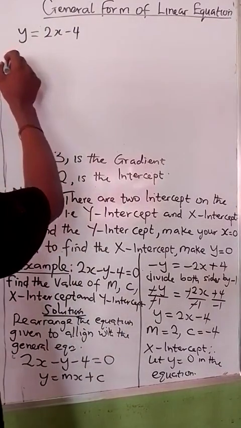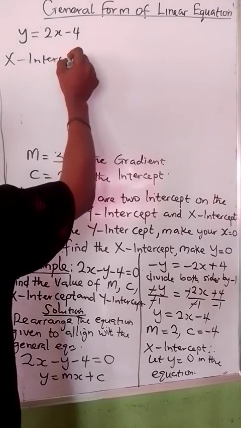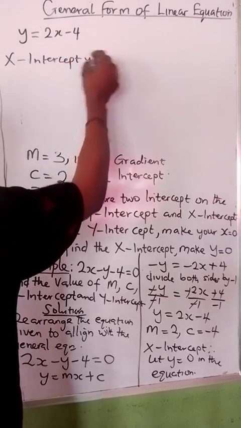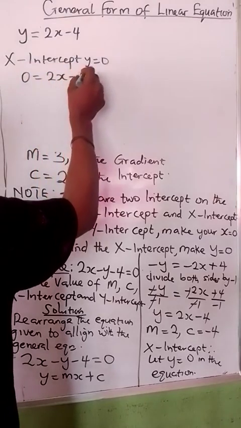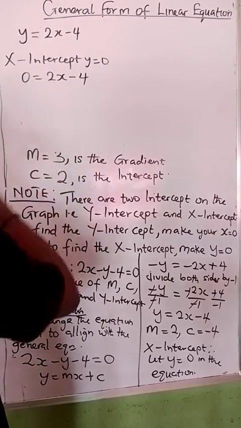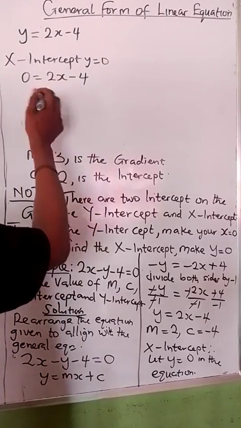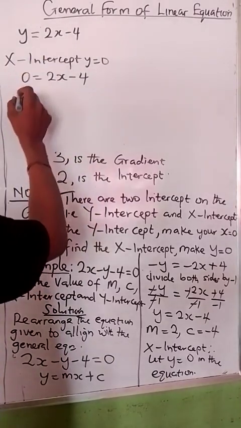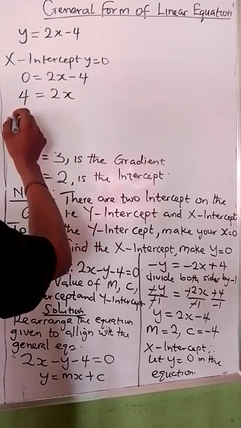With y equals 0, we have 0 equals 2x minus 4. Then you bring your minus 4 to this side and let 2x stay here, so minus 4 becomes plus 4, giving 4 equals 2x.